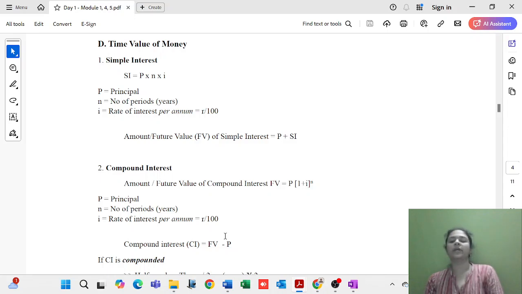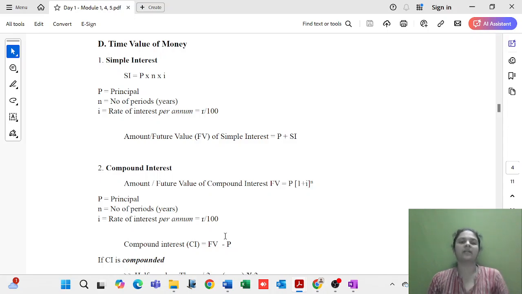So now I am going to one of the very important chapters of module 1, time value of money. In this chapter there will be about 3 to 4 questions mostly. Generally on an average, minimum 3 questions are coming, sometimes even 4 questions are asked. Very important chapter.